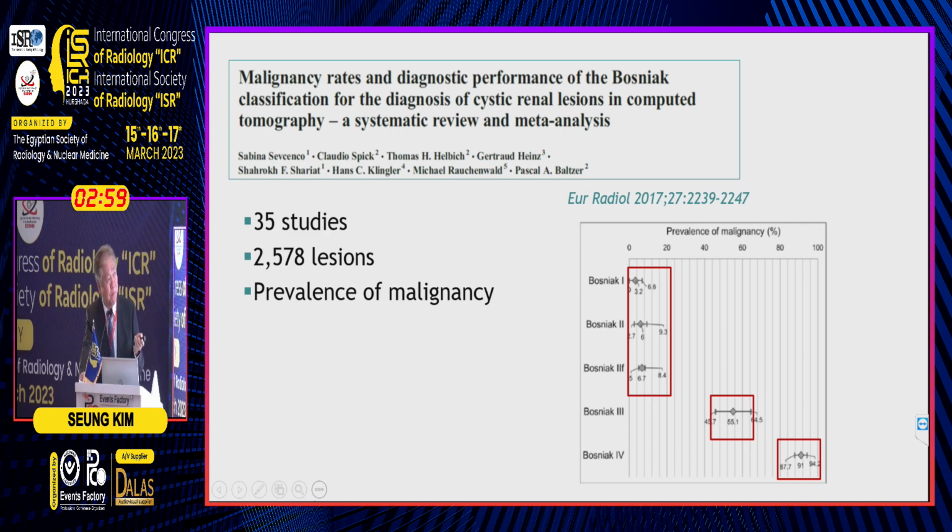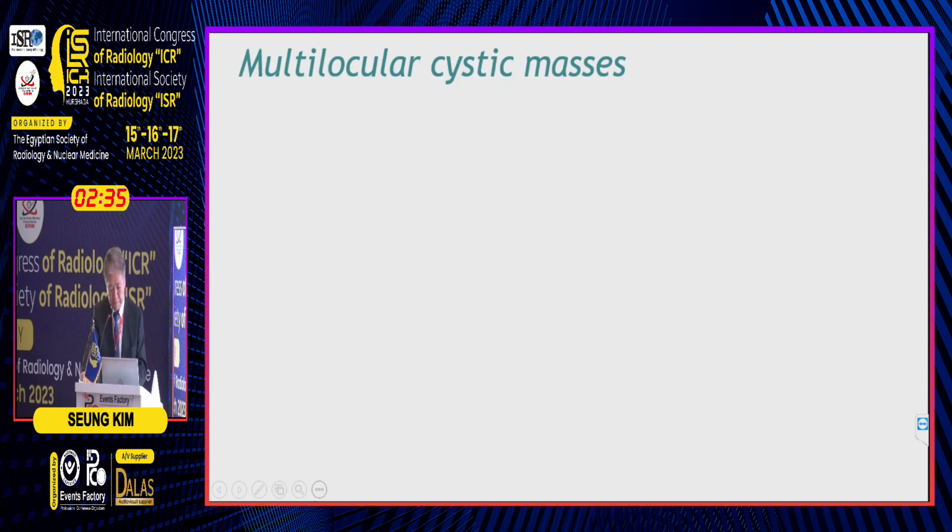Here's a very nice 2019 meta-analysis paper of the risk of malignancy. As I mentioned, Bosniak 4 has 100% risk of malignancy, and 1, 2, and 2F are close to 0%. 2F is around 5%, and Bosniak 3 is around 50%.